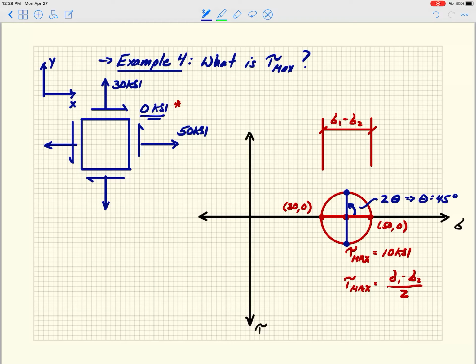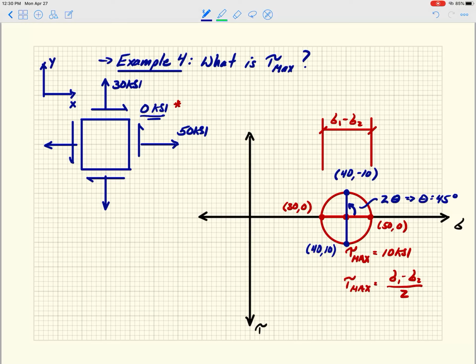Because it's 90 degrees on the circle, that means it's 45 degrees on the stress cube, right? So this guy up here, right, is going to end up being 40, comma, and this would be a minus 10, right? And this down here would be a 40 and a positive 10.